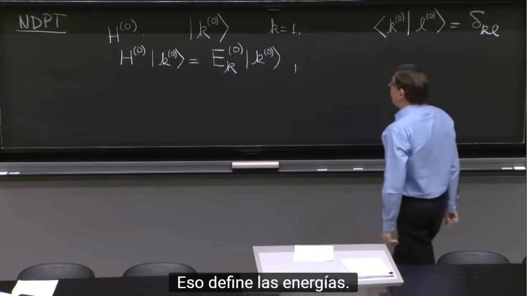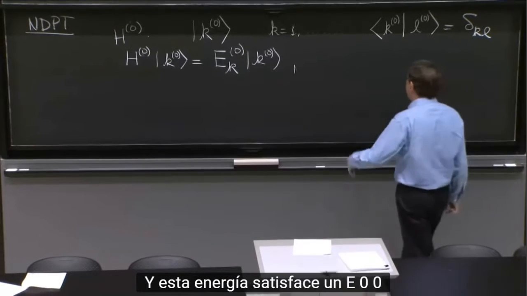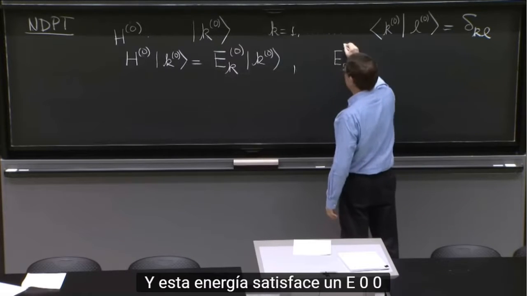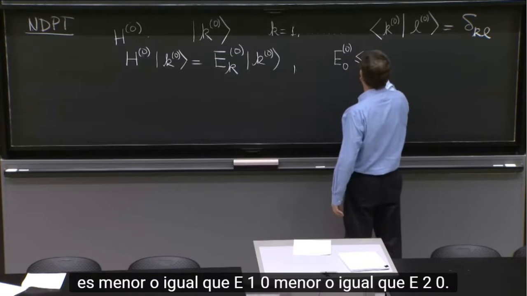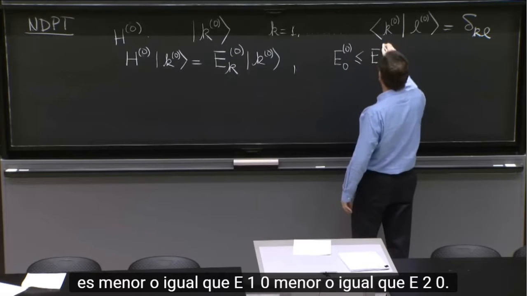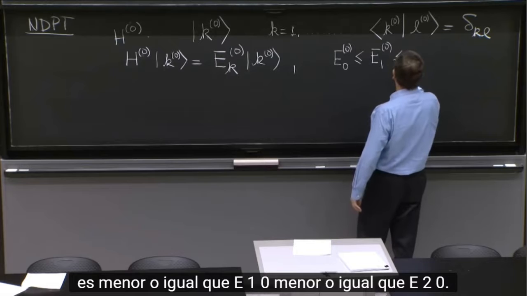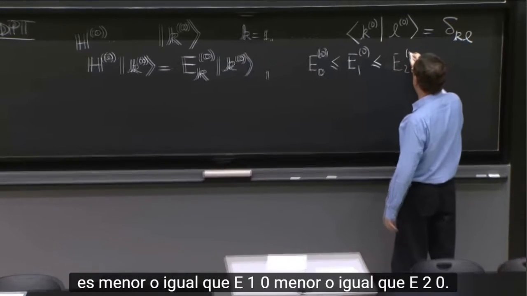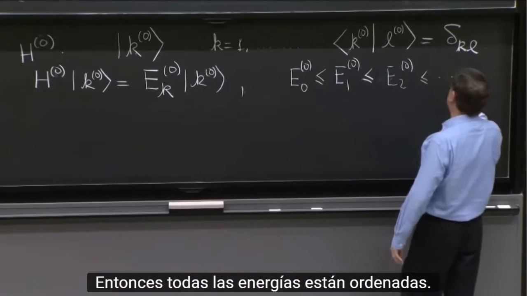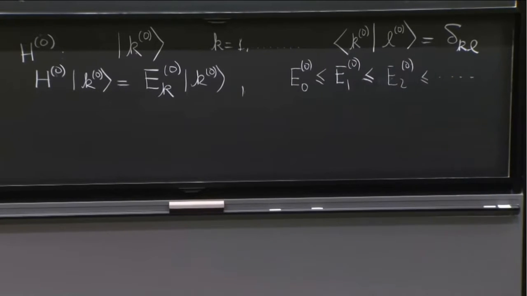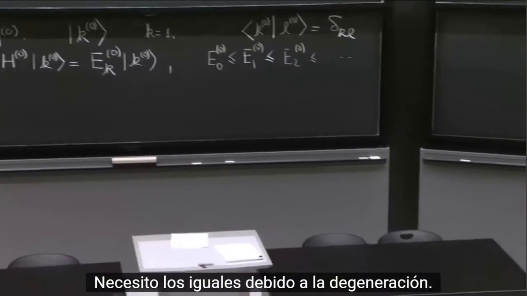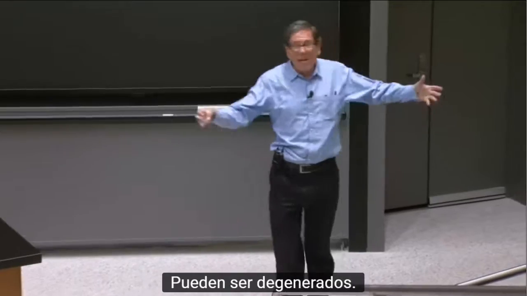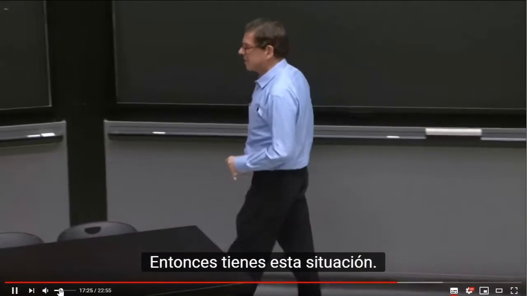That defines the energies, and these energies satisfy, say, E0,0 is less than or equal to E1,0, less than or equal to E2,0. So all the energies are ordered. I need the equals because of the degeneracy. They might be degenerate, so you have this situation.